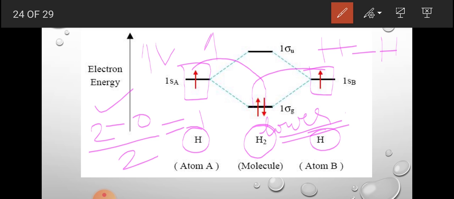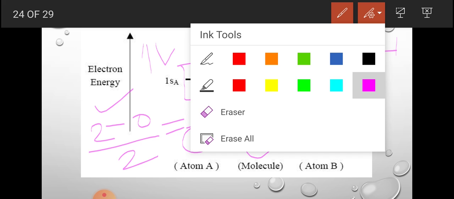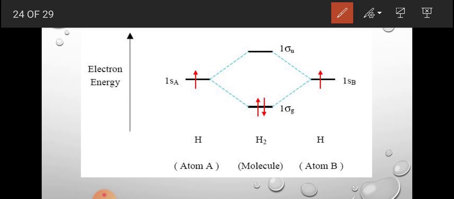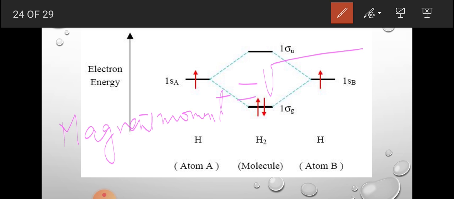Magnetic moment equals under root n into n plus 2 Bohr magneton, where n is the number of unpaired electrons. Let me write it. To calculate the magnetic moment, it is equal to under root n into n plus 2. This is a simple formula.